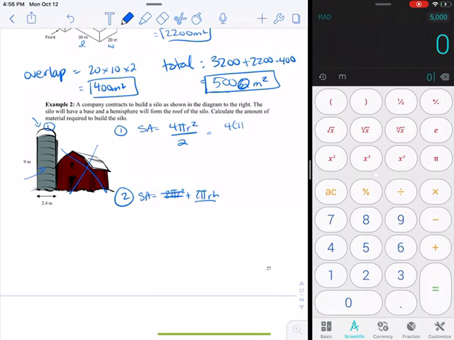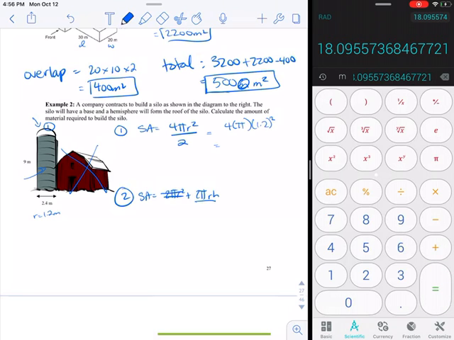So 4 times pi, and what's the radius? The radius is 1.2 meters. Okay, so 4 times pi times 1.2 squared. All right, and then we need to divide that whole thing by 2. So for that, let's try that again, 4 times pi times 1.2 squared.